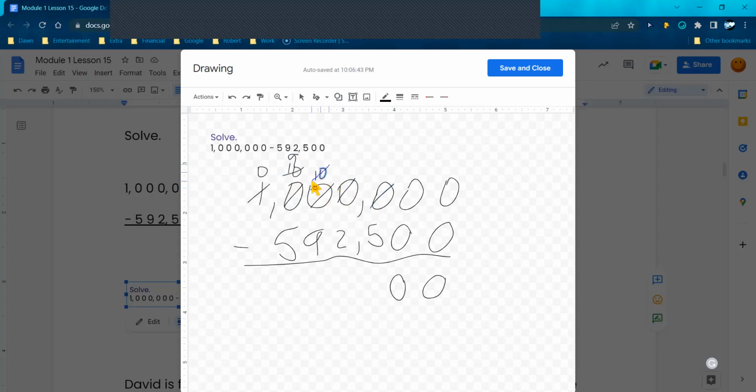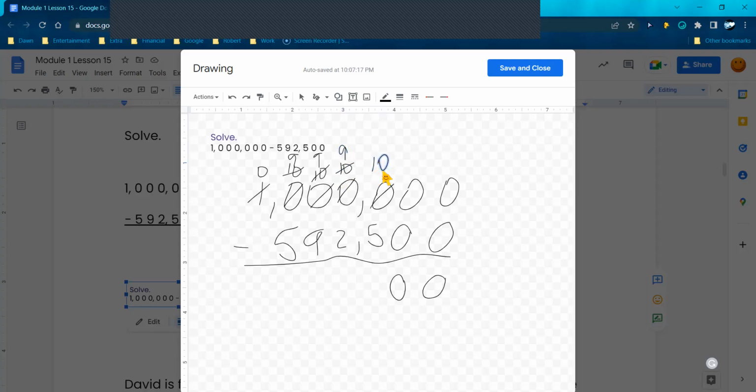So I'm going to take 1 10,000. So that becomes 9. And then our thousands becomes 10. But because my hundreds still needs help, I need to cross off my 10 thousands and turn that into 9 1,000s to make 10 100s.